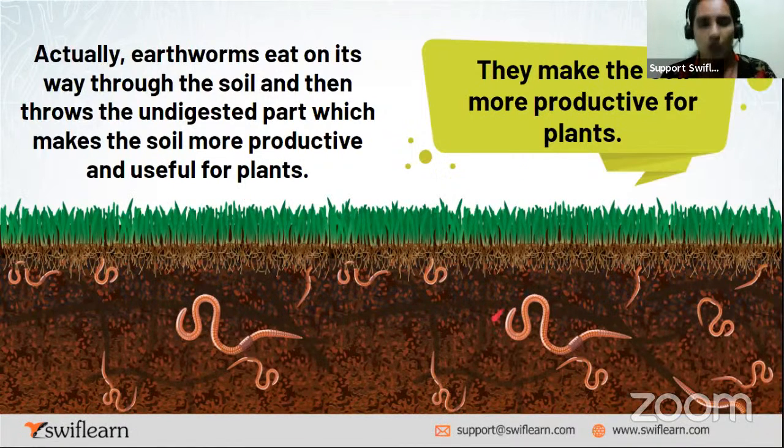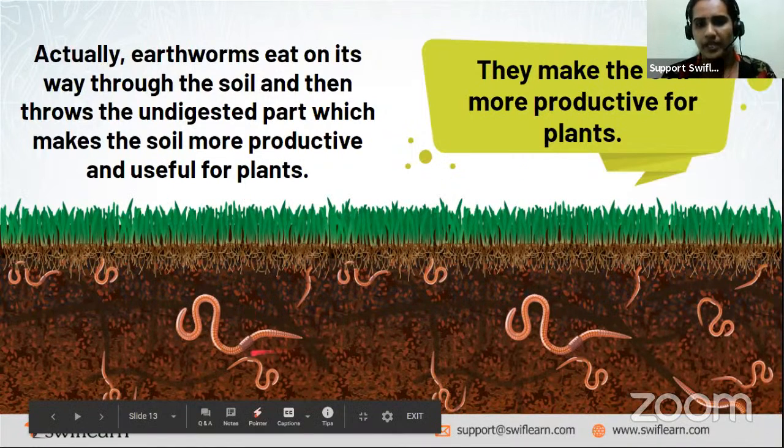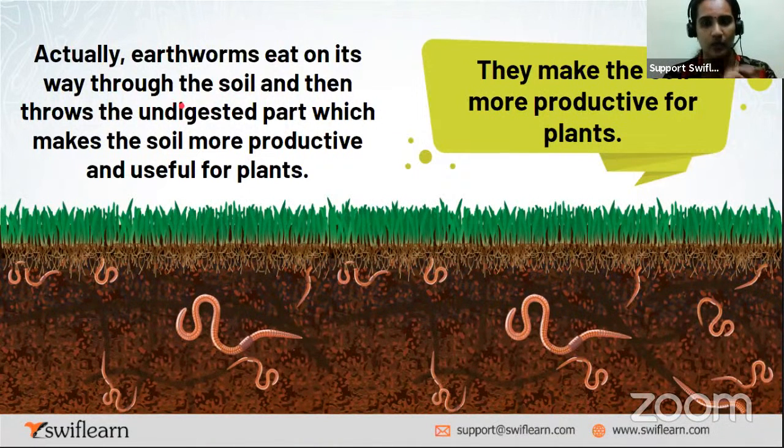Understood? You can see so many earthworms here. They eat the soil as they move through it, and then throw out the undigested part, which makes the soil more productive and useful for plants. That is why it is called the farmer's friend.